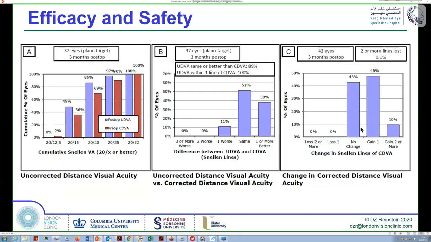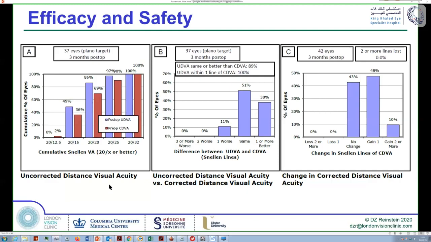This is the largest number of gain lines you can get, because obviously these are very high myopes. So we're getting a ton of magnification, no loss of lines, of course, unless you get a cataract. Those are very rare now. And the predictability is just off the charts for this level of myopia: 100% within a diopter, 83% within a half diopter, just incredible.